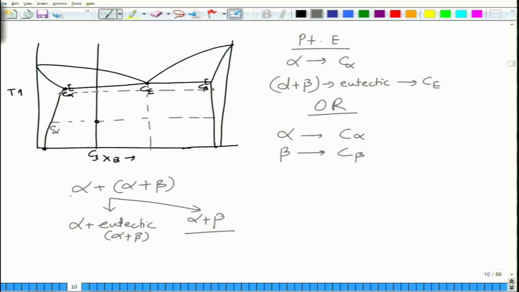So this alpha is pro-eutectic alpha and this is eutectic alpha. The choice is generally of the reader, whether to present it as pro-eutectic alpha plus eutectic alpha and beta, or total alpha and total beta. How to find the proportions, we'll come to that later on.